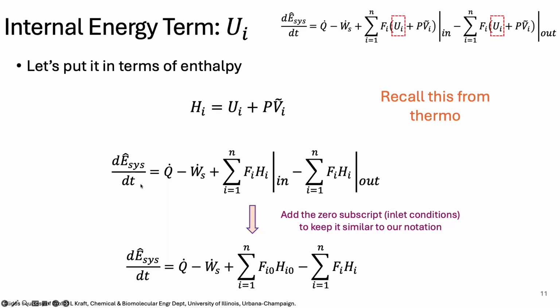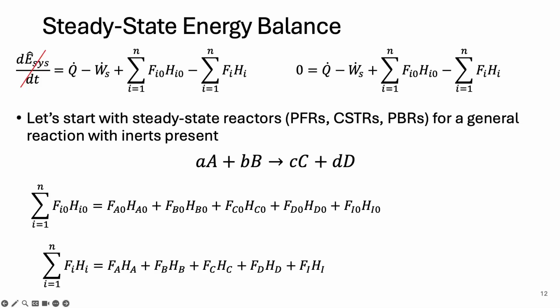And we can rewrite that just with respect to the enthalpy of our flow streams for individual species coming in versus leaving our reactor. And rewriting that in one more way using the subscript 0 to describe the inlet and no subscript 0 to describe the outlet. So this now represents a more usable form of our energy balance.